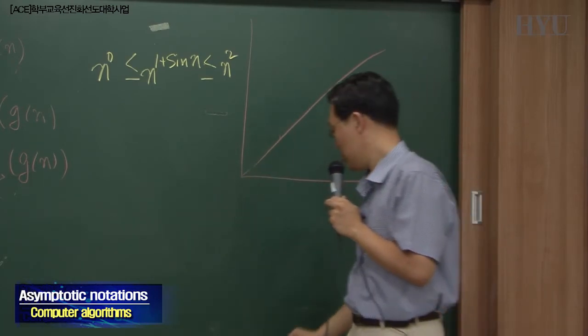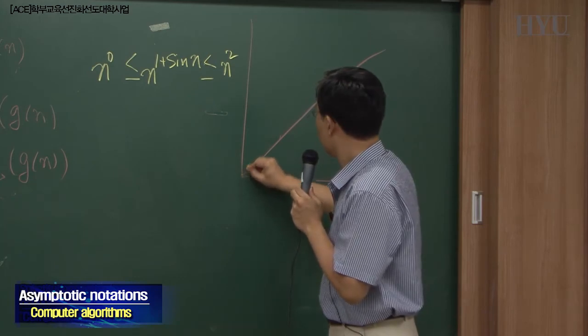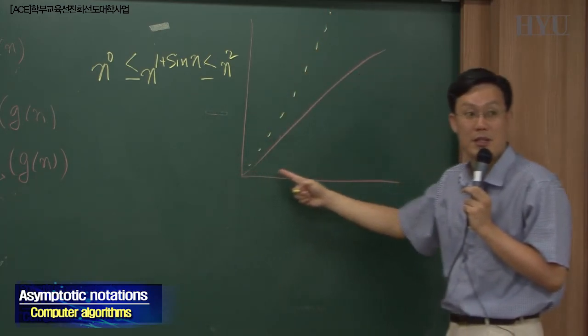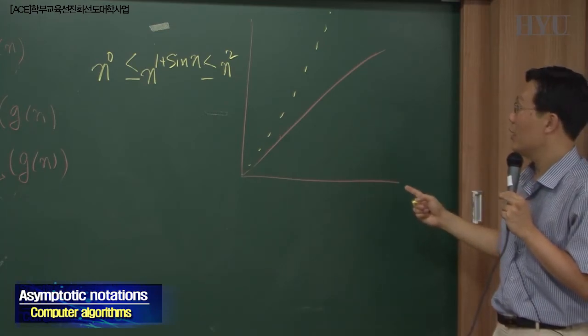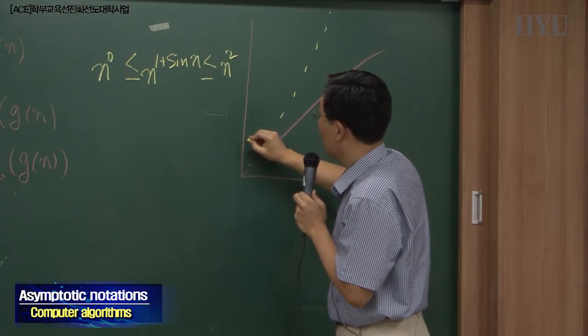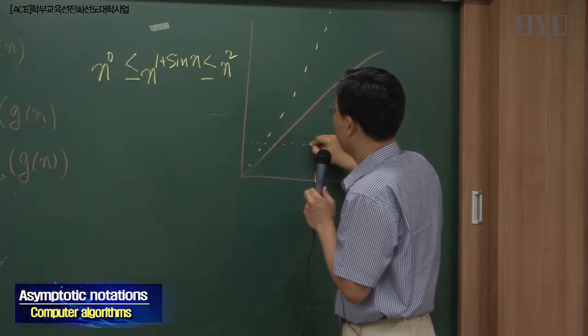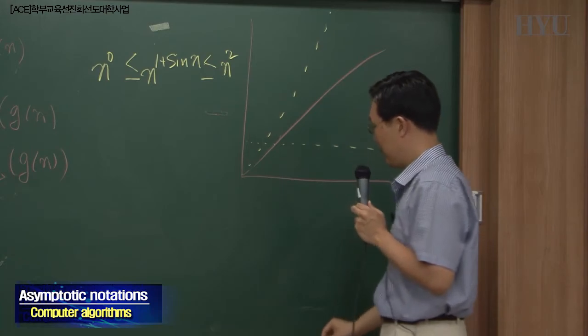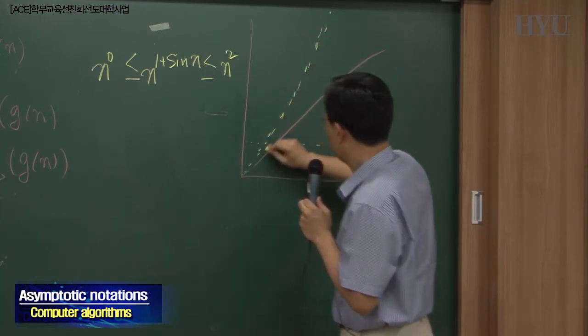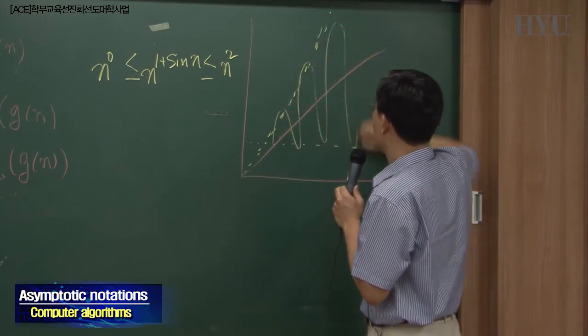So this is n squared, and this is n to the 0, and n to the 0 is 1. So it's something like this.